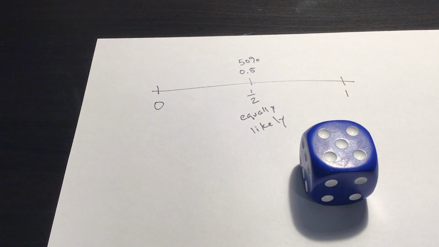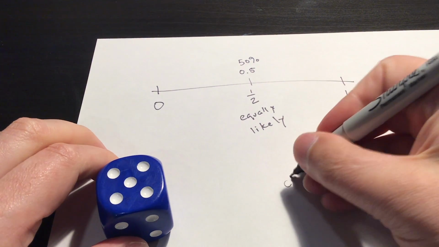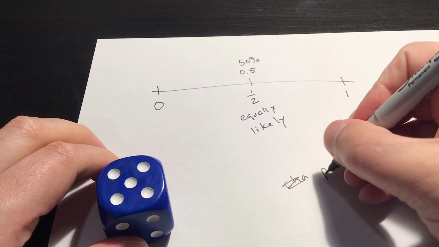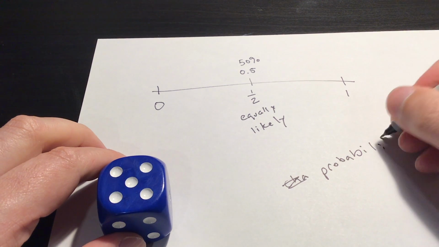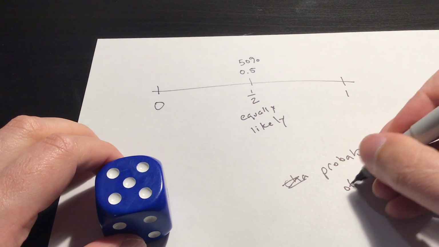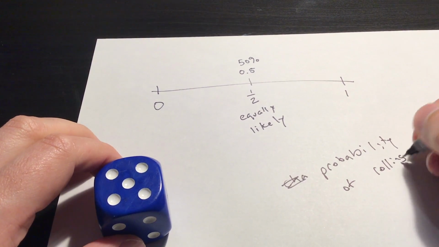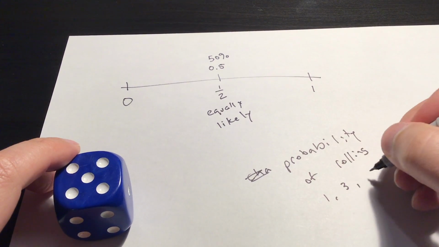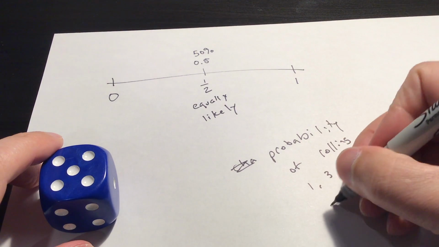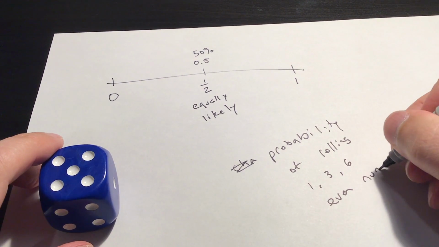For example, I shouldn't use the word chance, I should say the probability or the likelihood of rolling, and then I could pick. So I could say a 1, 3, or 6. Or I could say an even number.